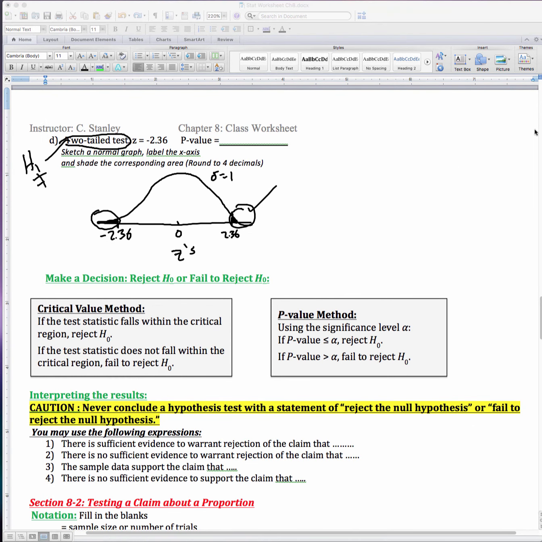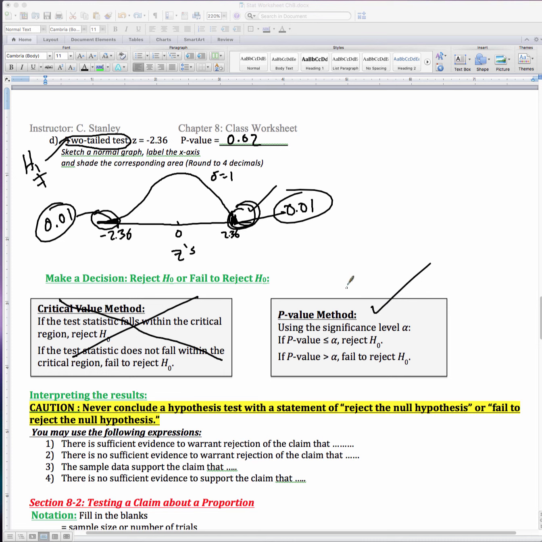So this little section right here, that shade, is 0.01. So by default, that's 0.01. So 0.01 and 0.01 added together or multiplied by 2 is 0.02. Okay, this side we're not going to do. That side we're going to do.